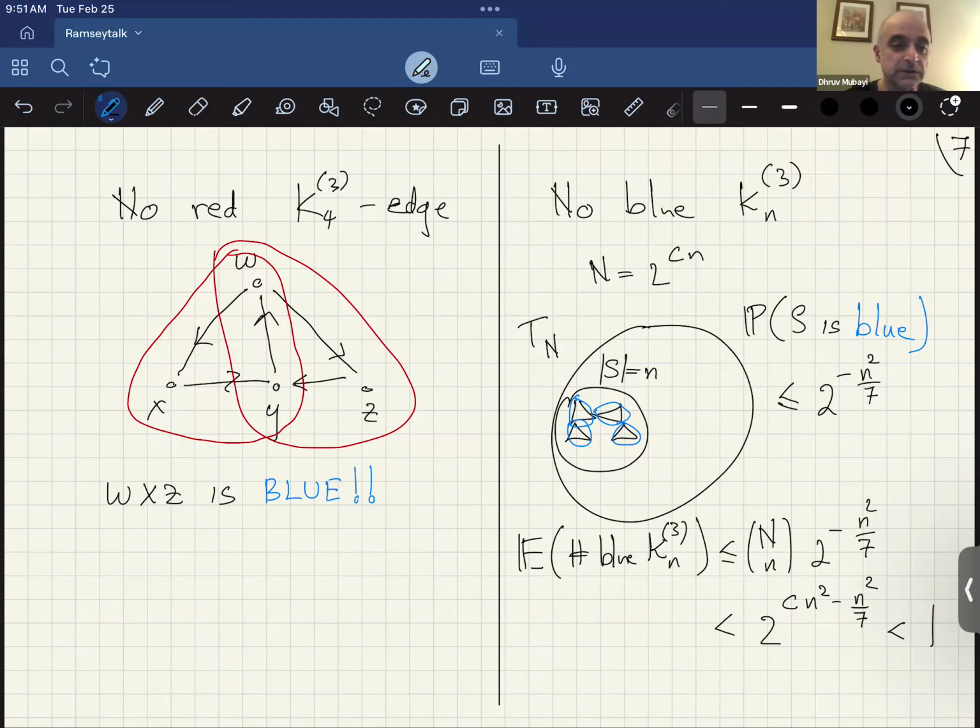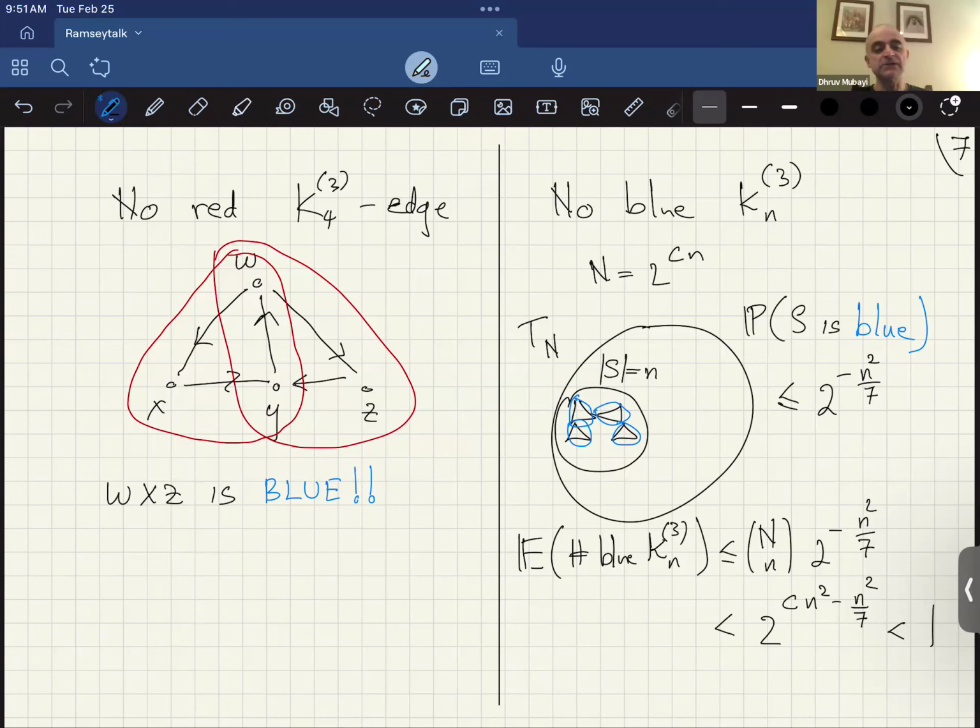That means you must have directed triangles among these vertices corresponding to these edges. I drew the arrows to show that the triangles are directed. And now you immediately see that you cannot have WXZ being red, because W points out to X and to Z. So you cannot even have 3 red edges out of the 4.